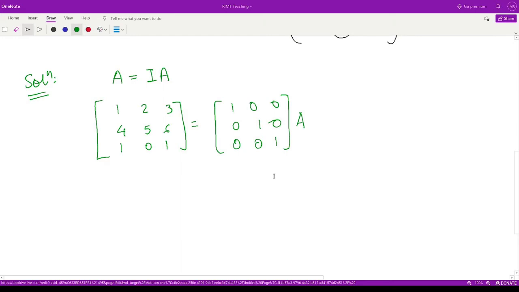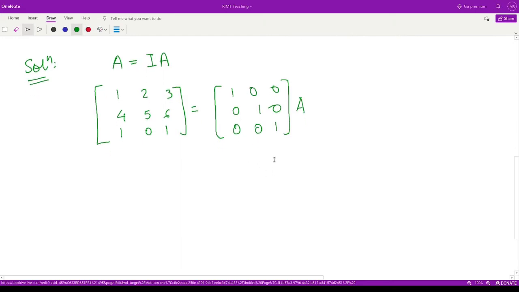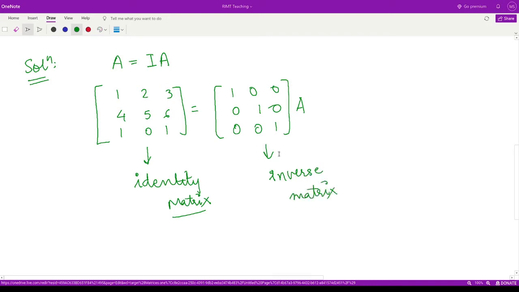Now what we have to do is apply the elementary transformation, and through this elementary transformation we are trying to convert this matrix into the identity matrix, and the matrix on the right hand side into the inverse matrix. So this is our aim. The second matrix here would automatically become the inverse of matrix A. How?